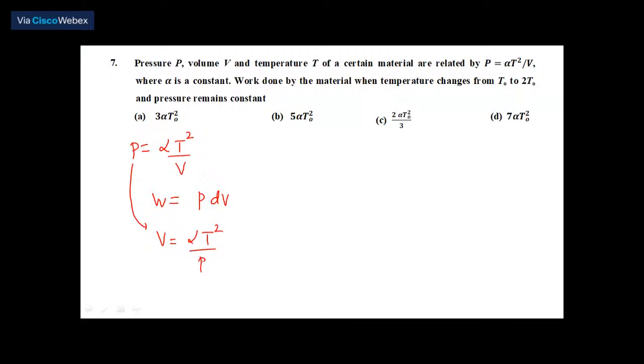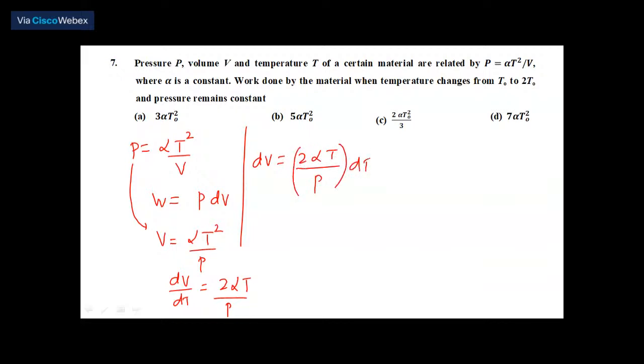Therefore, let us differentiate volume V with respect to temperature T. So we get dV divided by dT is equal to 2 alpha T divided by P. This implies dV is equal to 2 alpha T divided by P into dT.